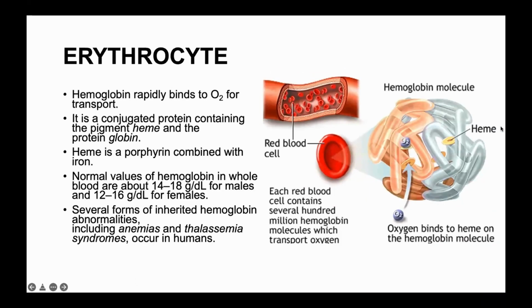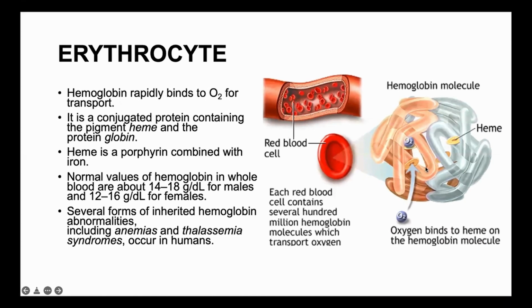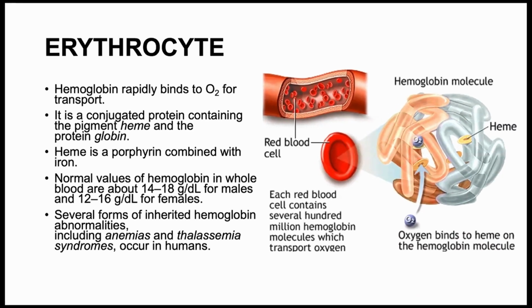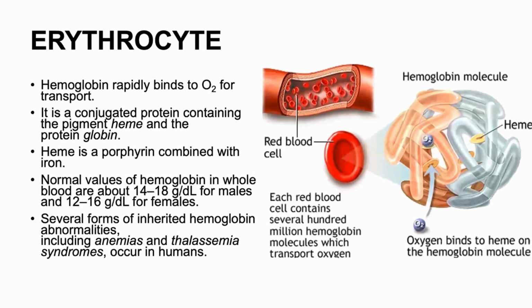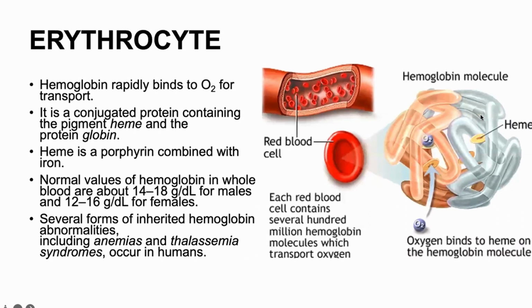All right, so this is showing the hemoglobin molecule. The hemoglobin molecule is basically what will be in the red blood cell. You have a lot of hemoglobin molecules, a couple million hemoglobin molecules in one red blood cell, and each hemoglobin molecule will have 4 oxygen carrying capacity.